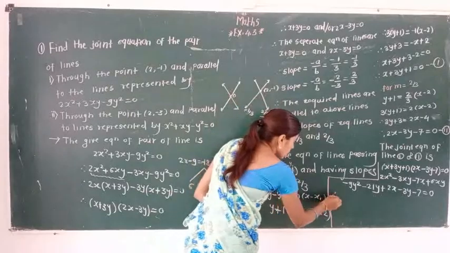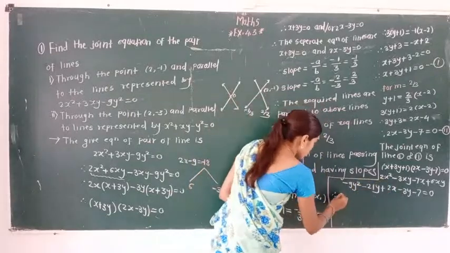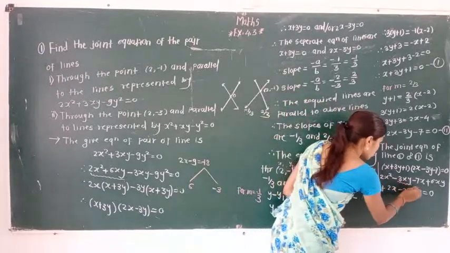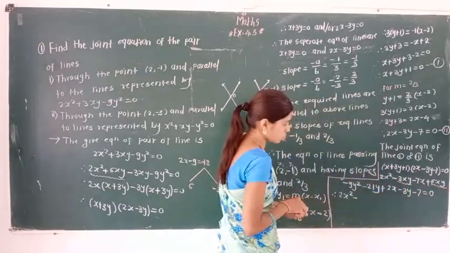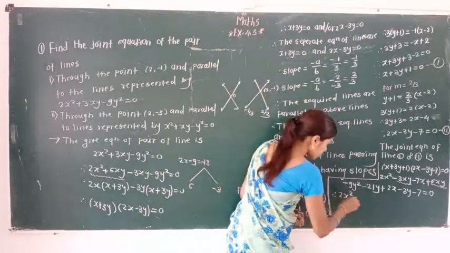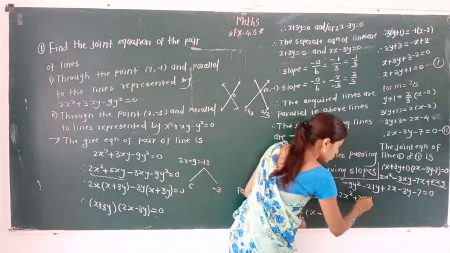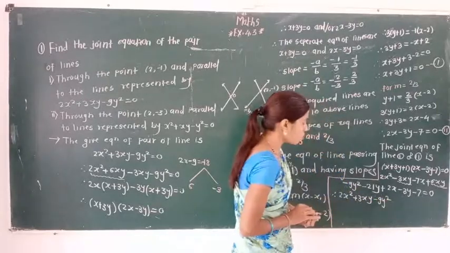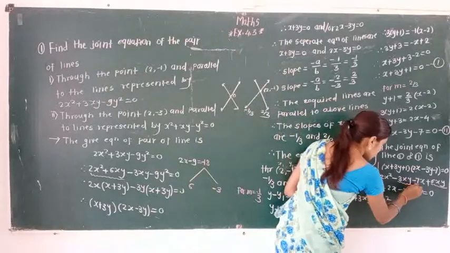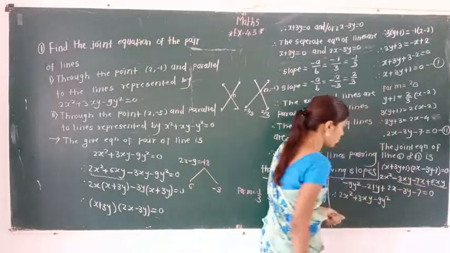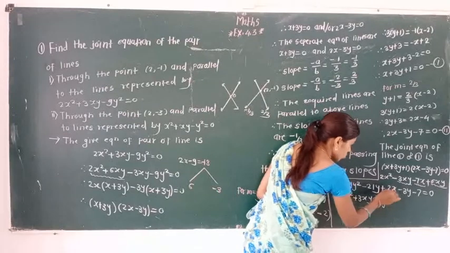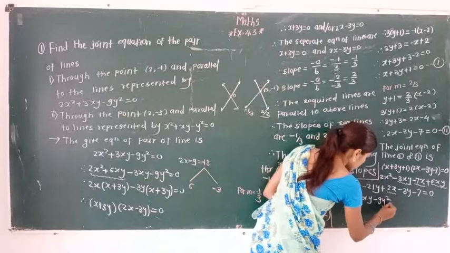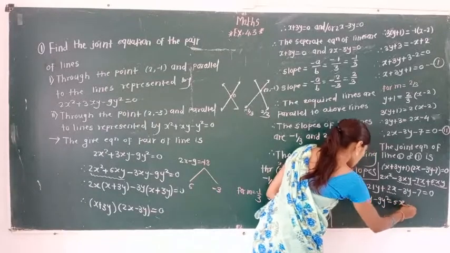Now we write first 2x square as it is. Now take the sum of these two terms, minus 3xy plus 6xy, we get plus 3xy. Minus 9y square we take as it is. Now take the sum of the coefficients of x: minus 7x and 2x, subtracting these two we get minus 5x.